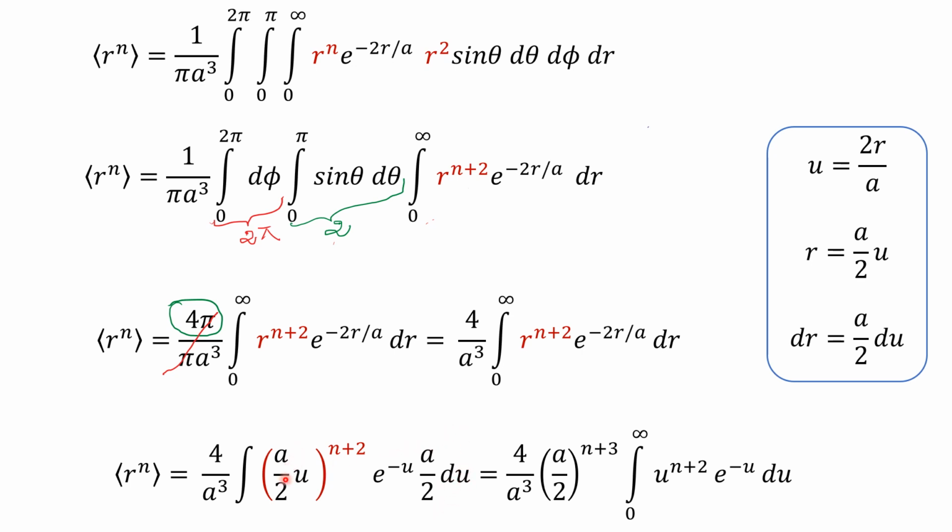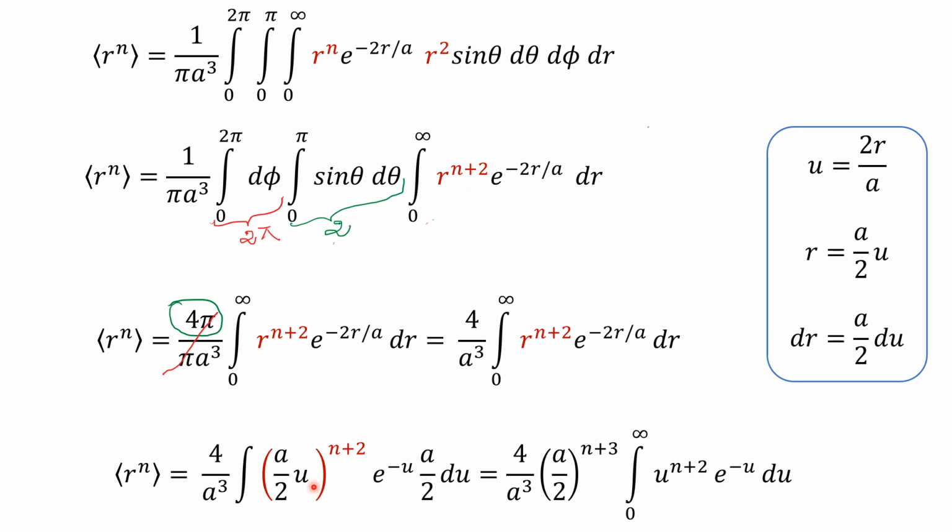Here you analyze it carefully. Here you have a over 2 power n plus 2 and a over 2 from dr. If you multiply these two constants, you will get a over 2 power n plus 3.